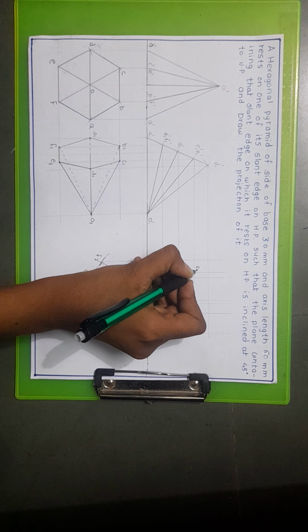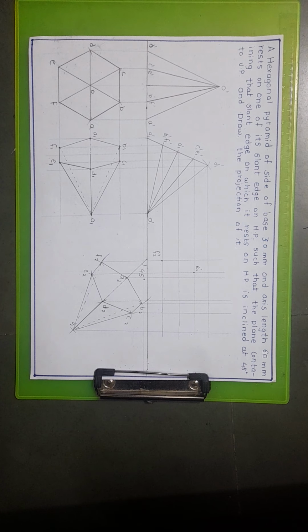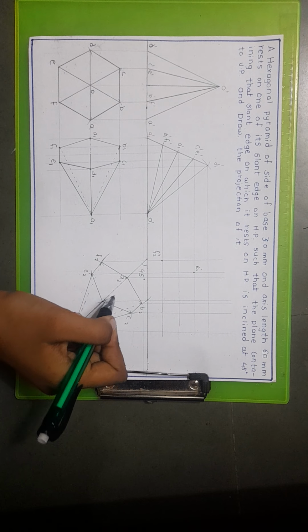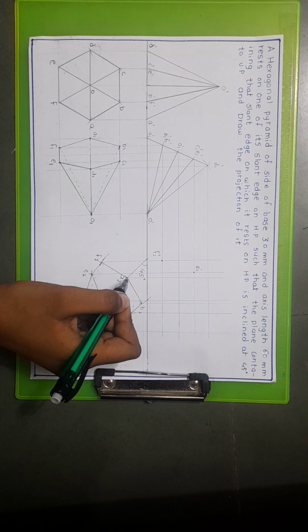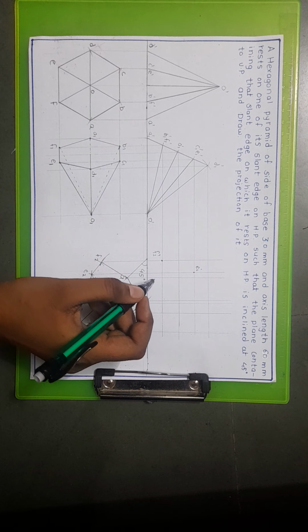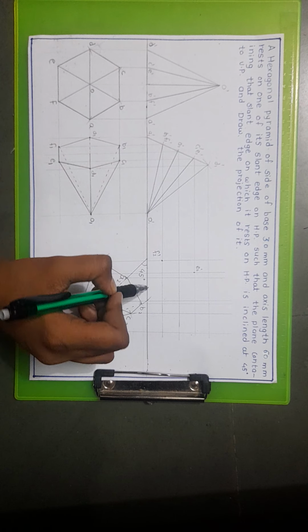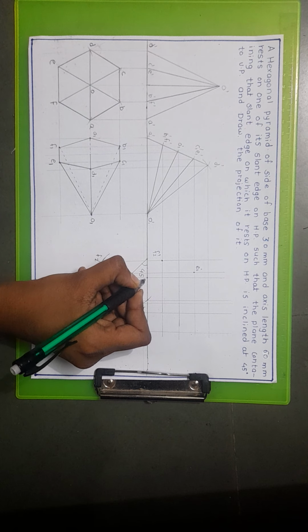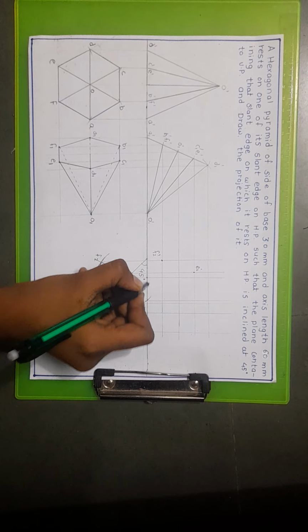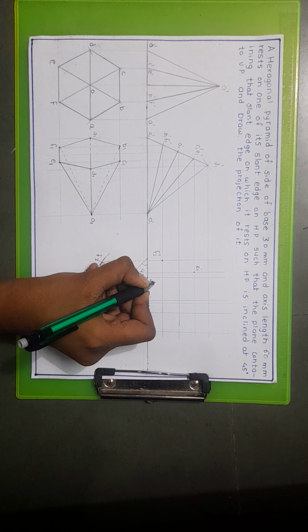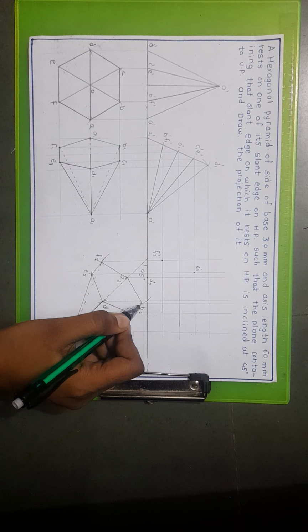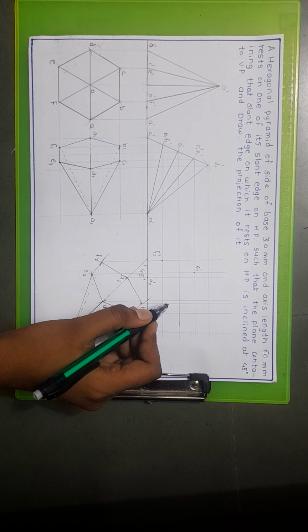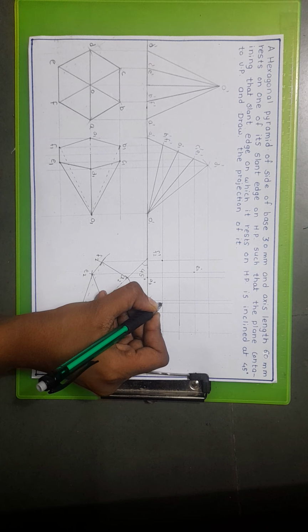The line coming from A2 and A1 dash will be the point A2 dash. The line coming from B2 and B1 dash will be the point B2 dash.